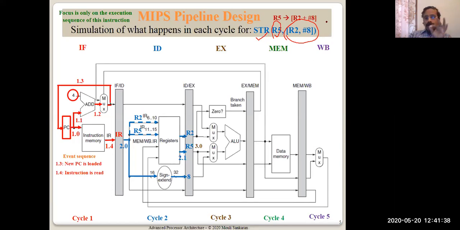So R5 is an input to the instruction for store operation to be successful. So R5 has to be read, and if it doesn't read it during this cycle, R5 cannot be read at all. So it should be read during the ID stage. Okay, but it is not used immediately.